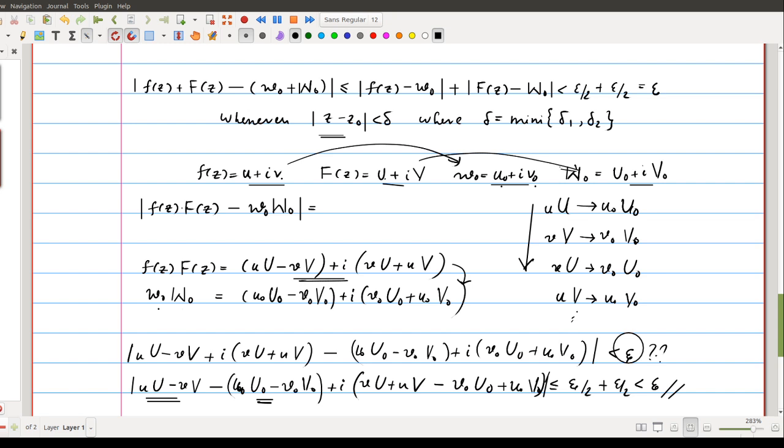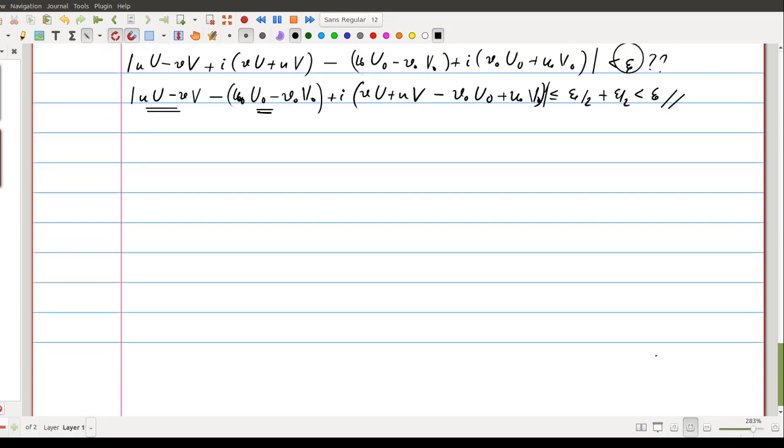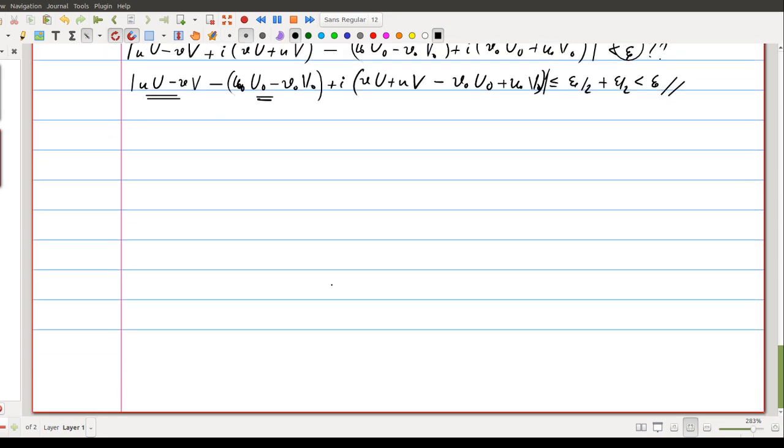Next we will prove the quotient rule, small f of z divided by capital F of z. In order to prove that, we need to consider f of z divided by capital F of z minus omega naught divided by w naught. We need to make this less than epsilon. This is what we have to prove.